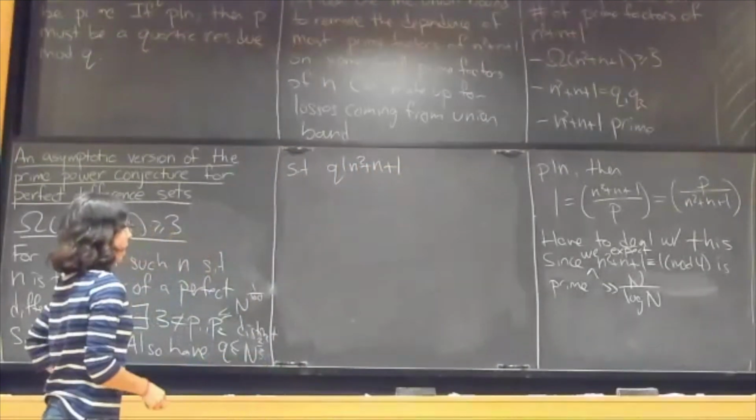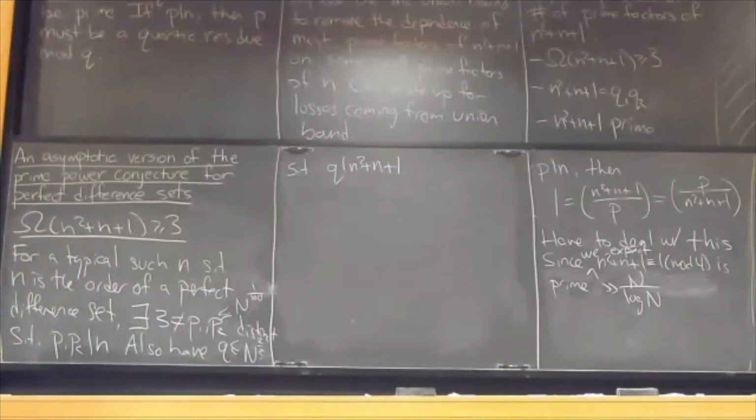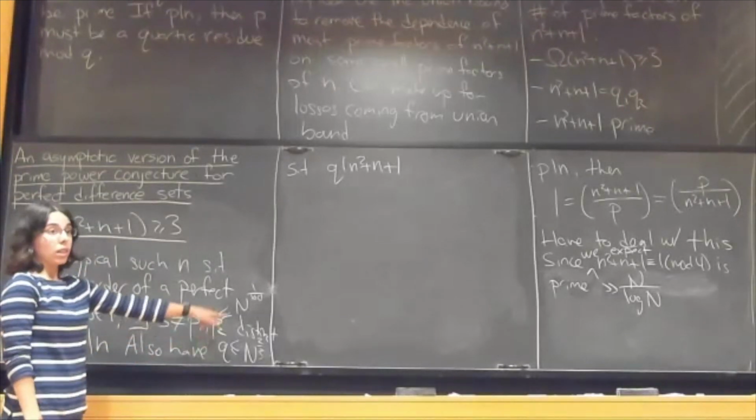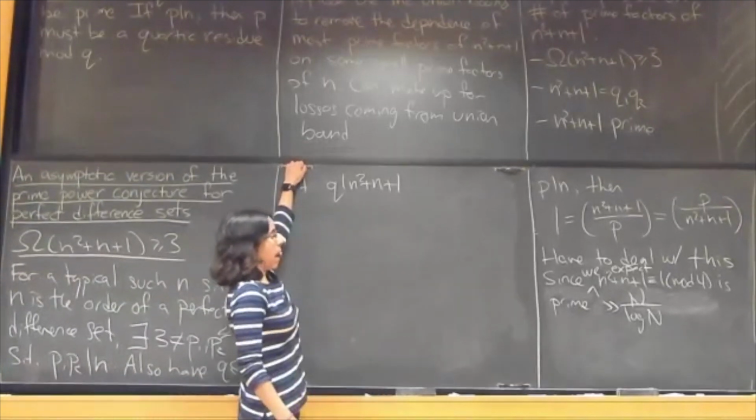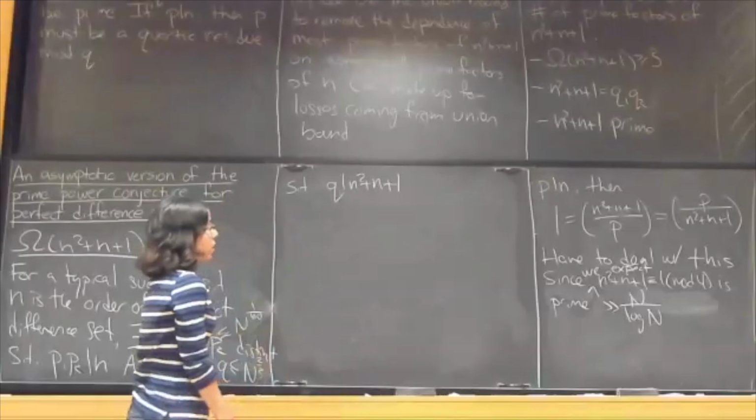Okay, so the idea is to split out based on this p1, p2 and q, and then bound each of the individual sets in a sum.